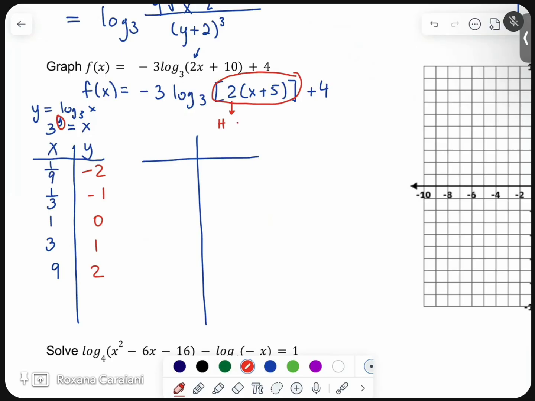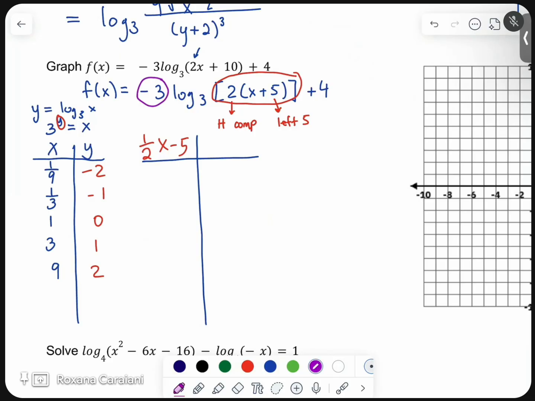So this is a horizontal compression by a factor of a half, which means my x values should get multiplied by half. And then the x plus 5 tells me to go shift left 5 units. And if I'm going to the left 5, I have to subtract 5. So there's the mapping rule for x.